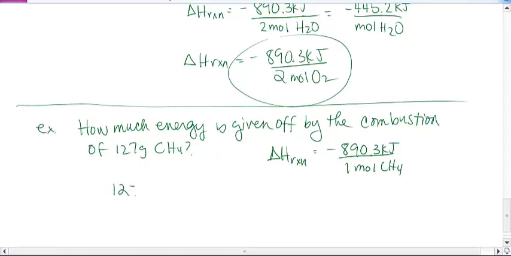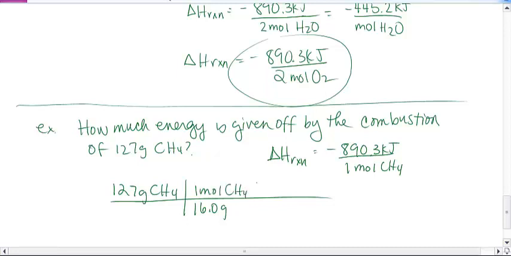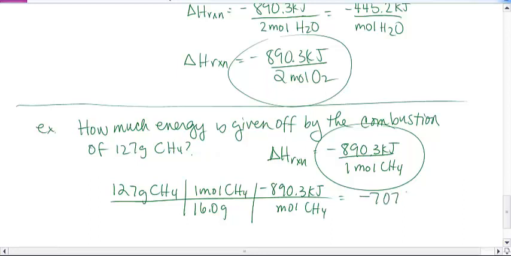Well, then I can take my 127 grams of methane, convert it into moles, and then I can use this as my conversion, because I get negative 890.3 kilojoules per mole of methane. And I get negative 7,070 kilojoules. That's how much energy I would get if I burned 127 grams of methane.